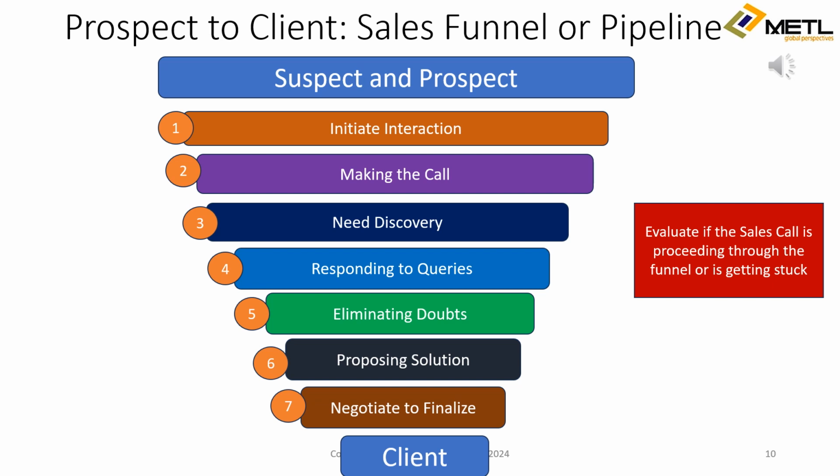So if you are at the continuation stage, which is perhaps the needs discovery stage, for a very long time and you are not being able to proceed, seek help of your manager or try to do something, because you might be constantly meeting the prospect again and again, but you're stuck at the needs discovery stage or responding to query stage. So be very clear on the various ways in which you can make the sales progress.